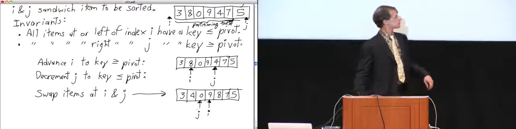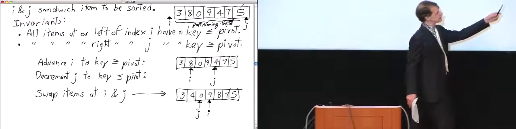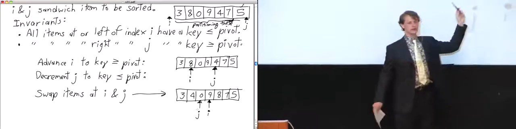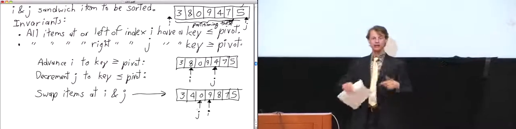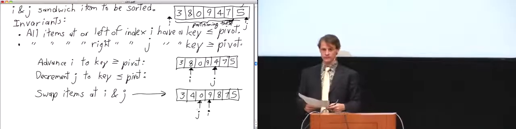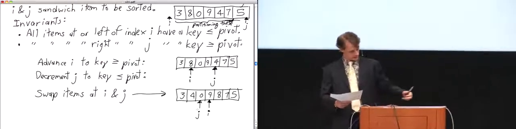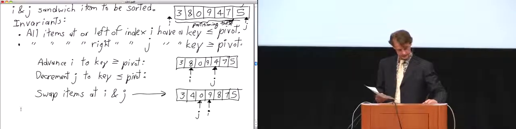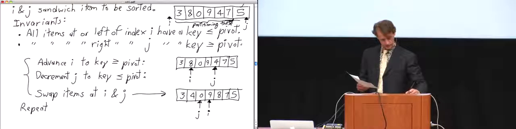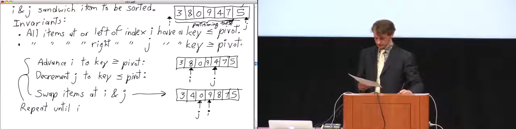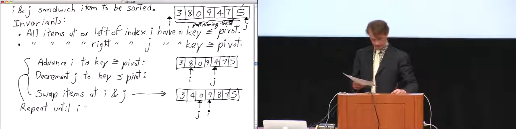And this time something interesting has happened. i and j have actually crossed over. They've passed each other. When i and j meet in the middle, that means that we don't have to do any more swapping. So we're going to repeat this loop until i is greater than or equal to j, and then we stop.